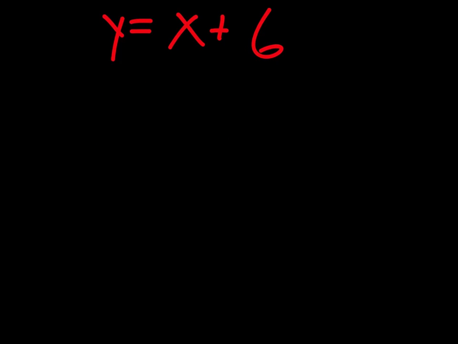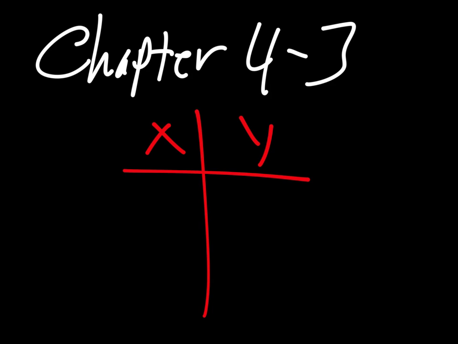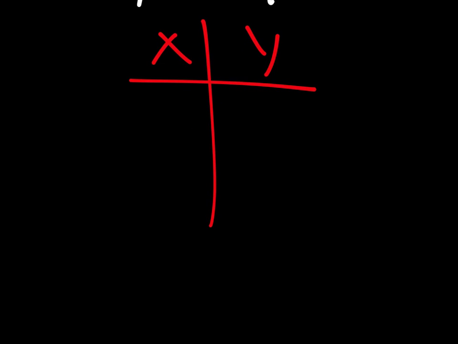All right, so chapter 4-3 is called function rules, tables, and graphs, okay? So a function rule is an equation that describes a function, okay? So for example, if I have y equals x plus 6, the way you graph this would be, actually I think we get to graphing later. Oh, okay, let me use a different example then. So if we have x and y, we have our table of values.